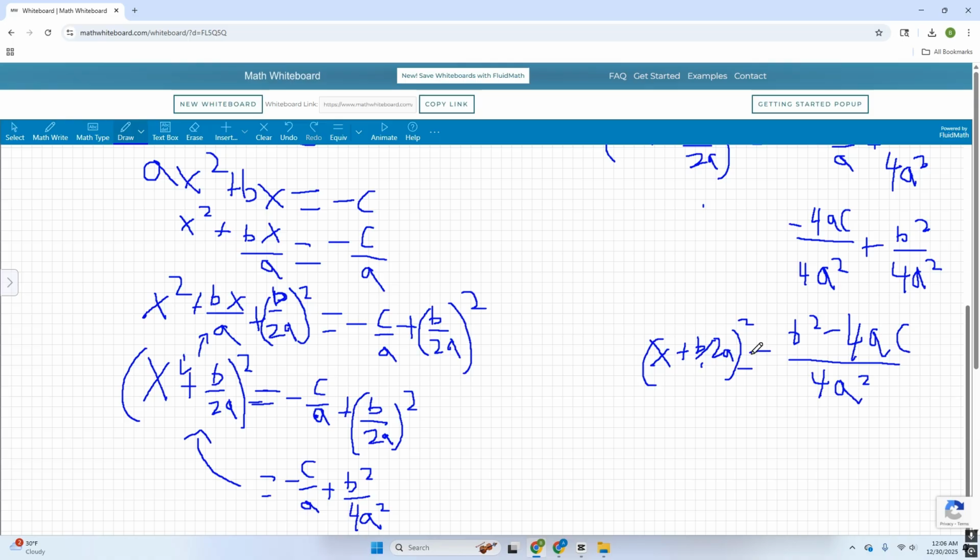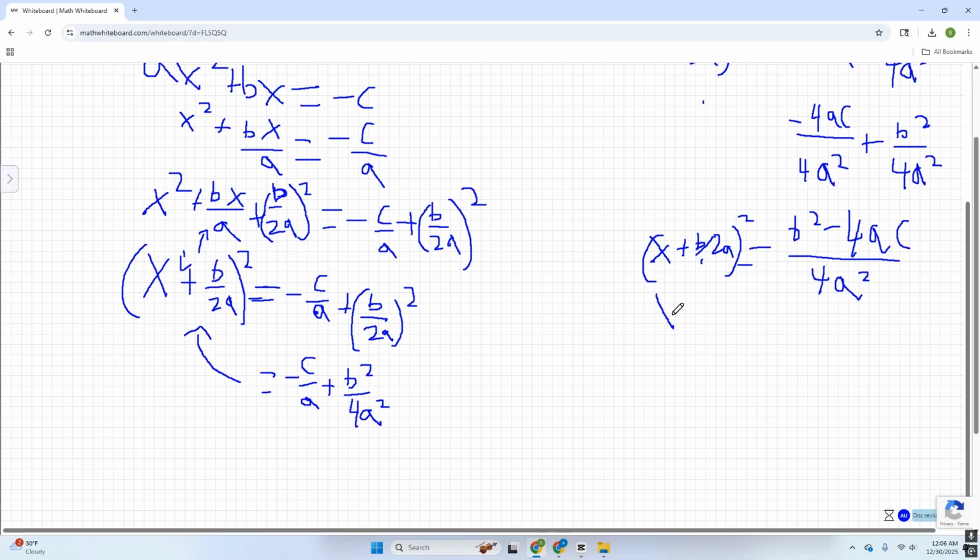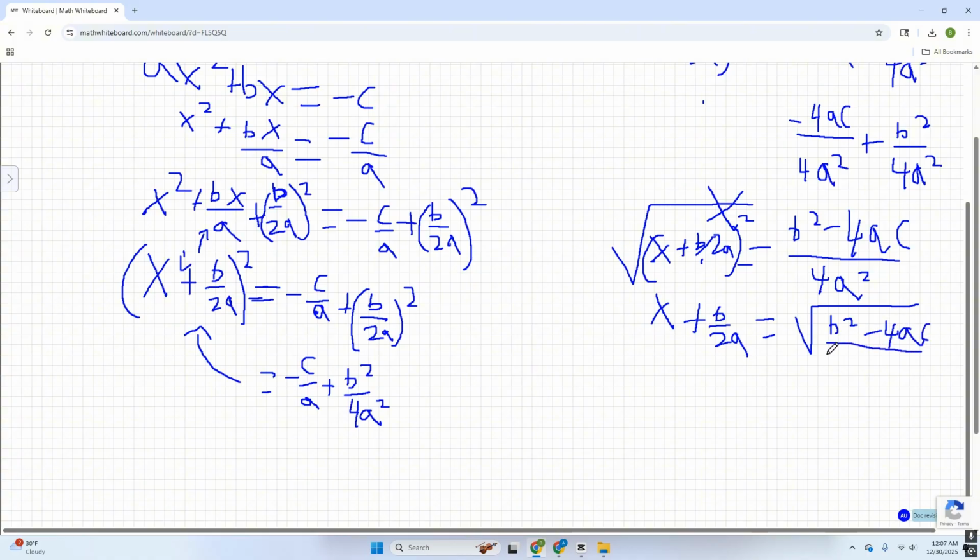Now, to simplify this, we're almost there. You want to square root everything in the equation. So this cancels each other out, and these both just don't exist anymore. But on the other side, there's just a square root of b squared minus 4ac over 4a squared.